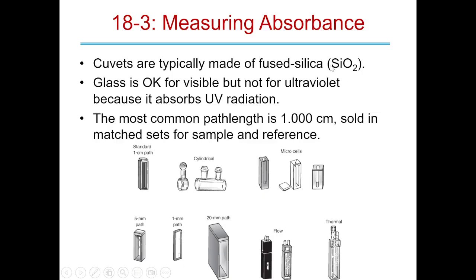Cuvettes are typically made out of things like fused silica, SiO2. Glass is okay for visible. So glass will work for visible light. And those may be glass. I'd have to look in the spectrometer. If they are, they're very high quality glass. Because they're actually pretty nice ones.